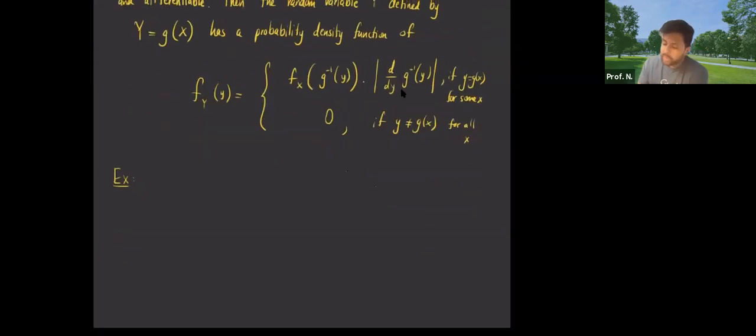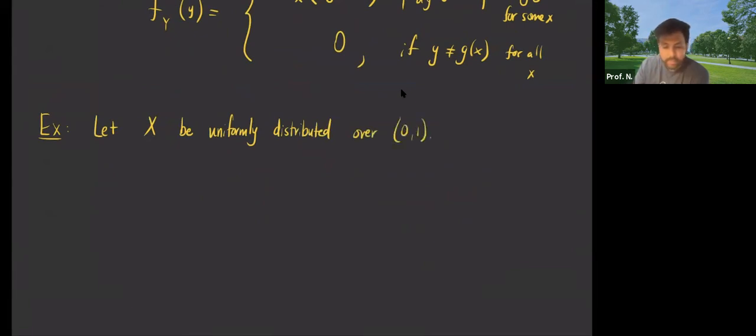Okay, so let x be uniformly distributed over 0, 1, and let y be equal to x to the n.